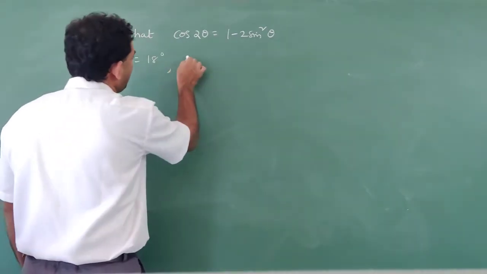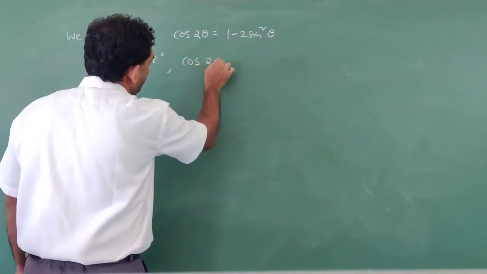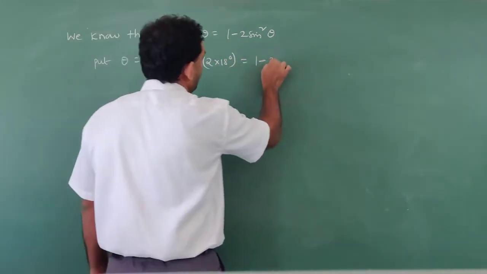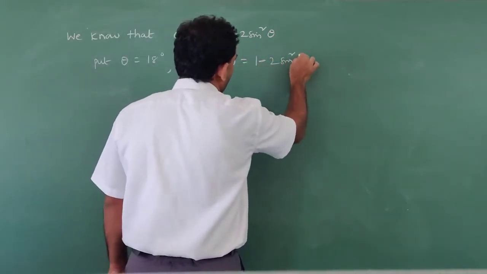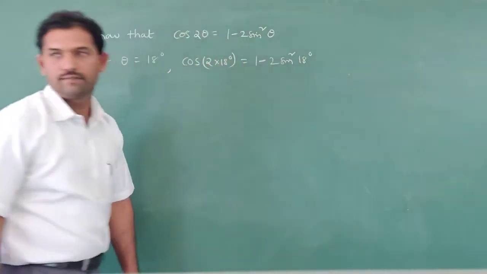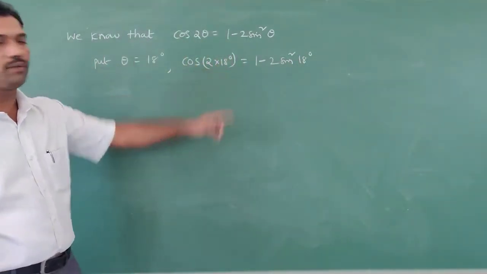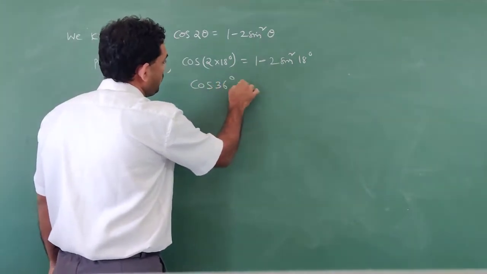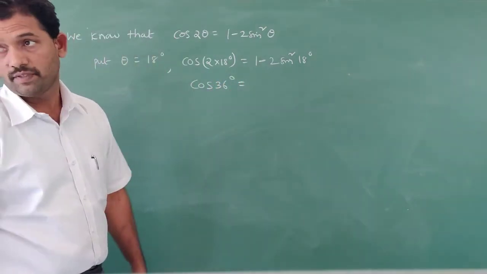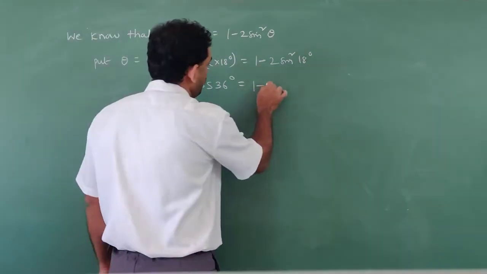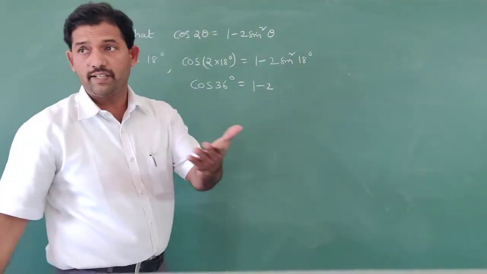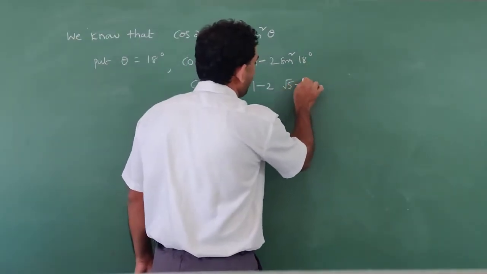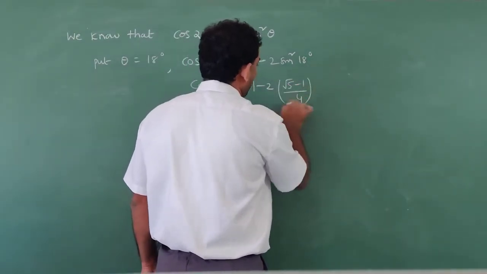Cos 2 into 18 degrees is 1 minus 2 sine square 18 degrees, right? So cos 36 degrees is equal to 1 minus 2 times sine 18 degrees, already simplified: root 5 minus 1 divided by 4, whole square.